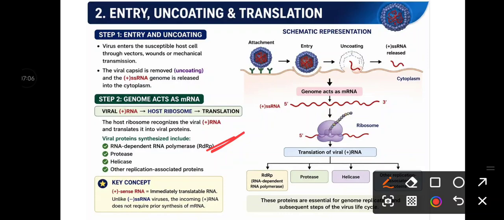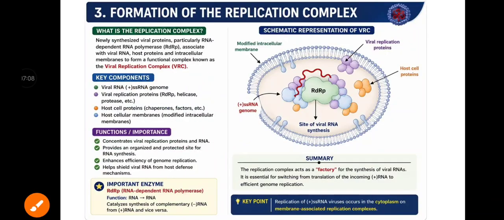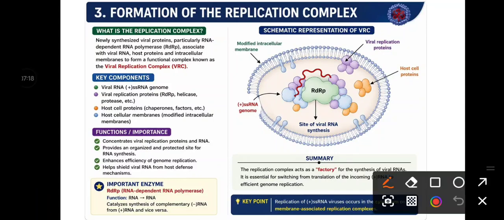Now it will form the replication complex. The newly synthesized viral proteins, particularly the RNA dependent RNA polymerase, associated viral RNA, host proteins, and intracellular membrane actually form a functional complex that is known as the viral replication complex.